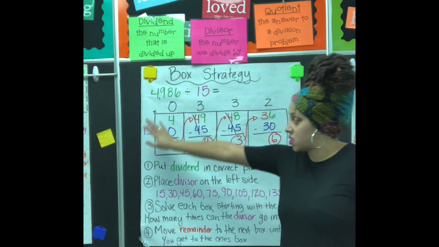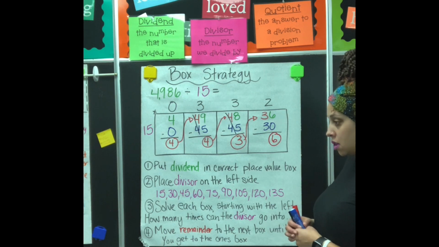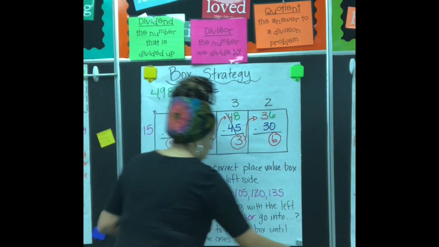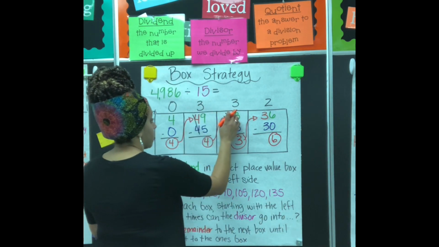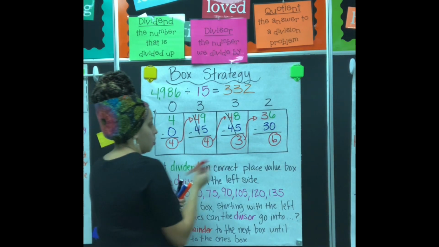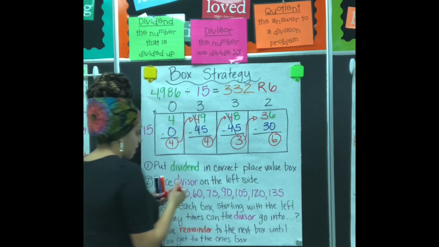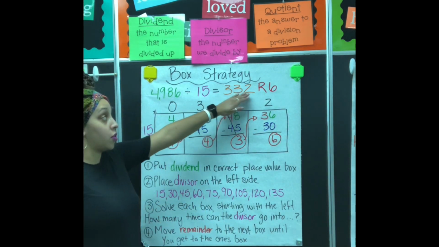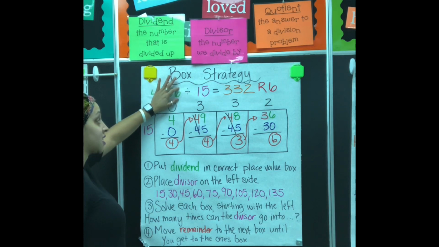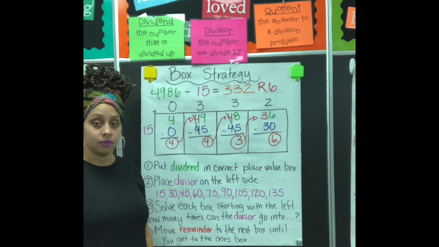Yes, because it is smaller than my divisor, which is 15. So my answer for this is going to be 332 remainder 6. That means that there are 332 groups of 15 in 4,986 with 6 individual pieces left over.